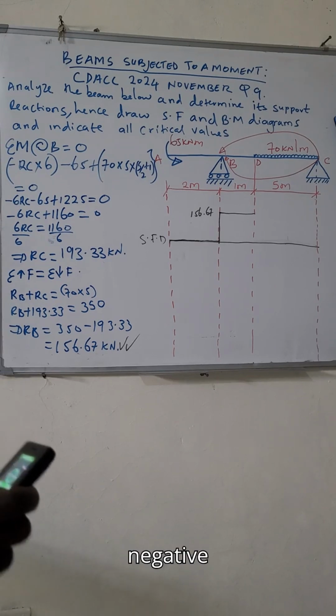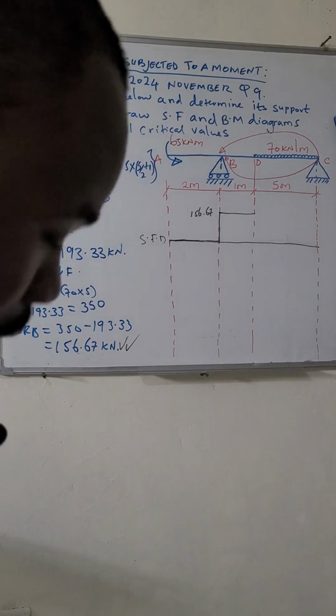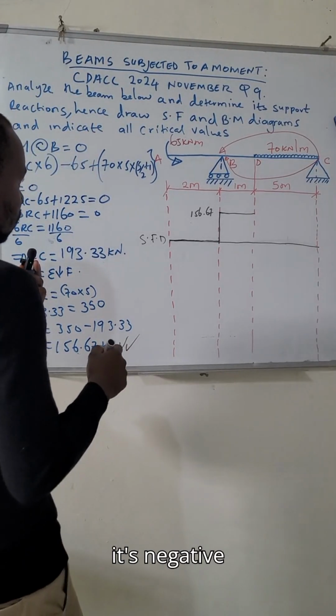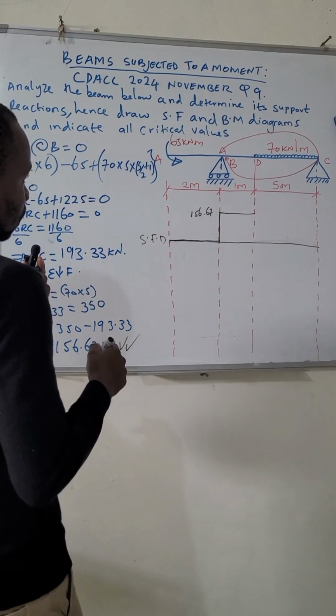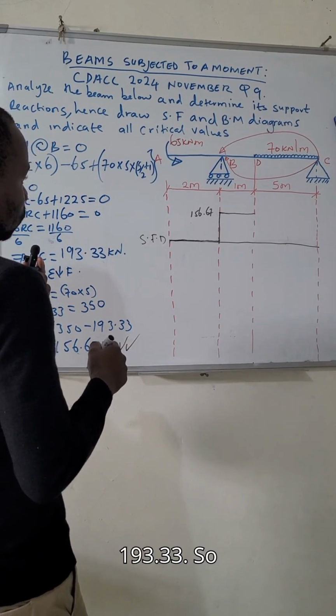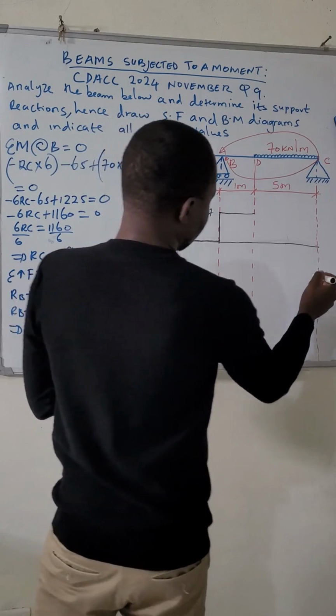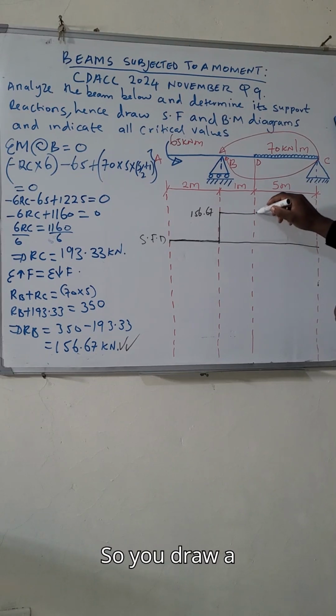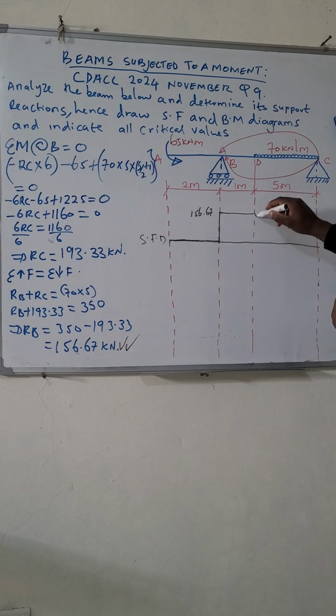So you get a negative 193.33. So it's negative 193.33, somewhere like here. Let's approximate. So you draw a diagonal line.